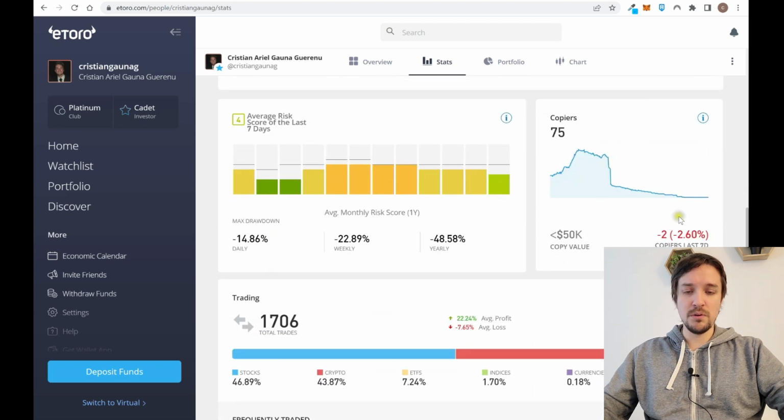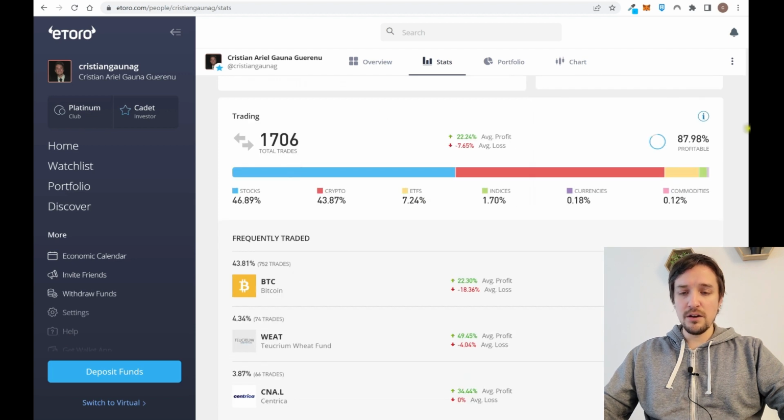Nowadays 75 people are copying my profile. This is a measure of the risk, based on some math that eToro does in order to analyze which traders are riskier than others. The more risk the trader has, the more volatility your money is going to experience. For example, now I have a risk of 4, and here you can also understand in which type of assets a specific trader is investing.